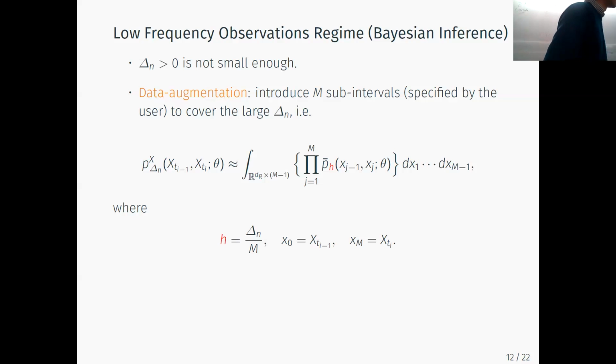The right-hand side is the convolution of, for instance, the sampling scheme or transition density scheme. Here p bar h has h equal to delta n over m, where m is the number of imputations specified by the user, and h is the inner step size, which is determined as a quite small quantity. So this right-hand side approximates the left-hand side with a small bias.